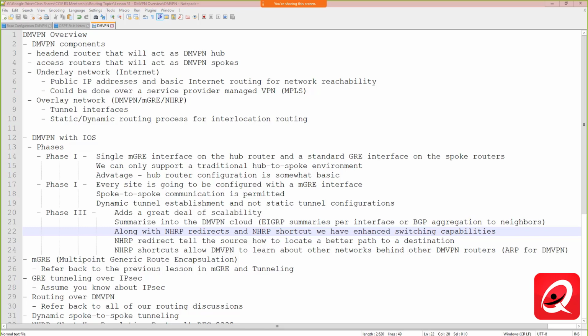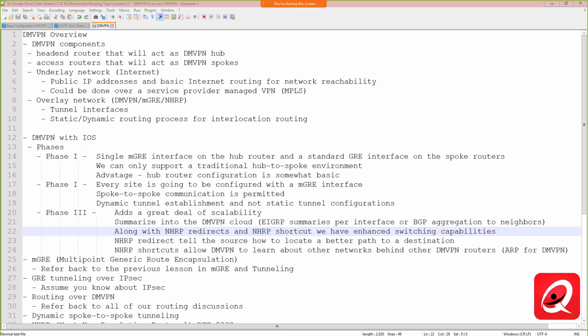But in the end, we still have two primary components to our DMVPN topology, the hubs and the spokes. The hub is referred to as the next hop server, or NHS. The spokes are going to be referred to as our next hop clients, or NHCs.